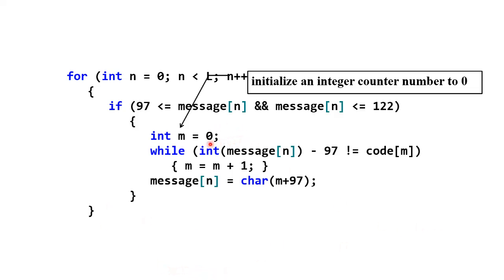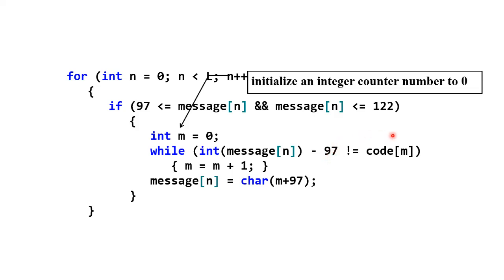I'm looking at character number N in the coded message. So I take that character, turn it into an integer, and then subtract 97. So this will take the character number and shift it down so it falls between 0 and 25.